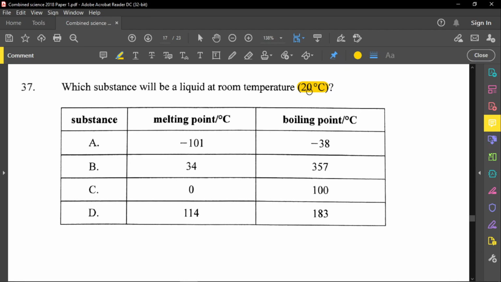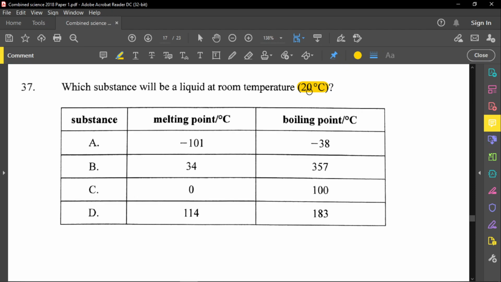So the melting point must be below 20 degrees, and it must also not boil above 20 degrees. That's very important. It must melt at or below 20, and it cannot boil at or below 20.